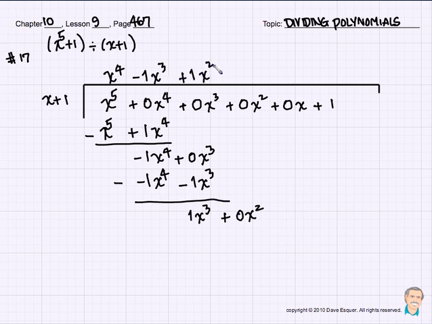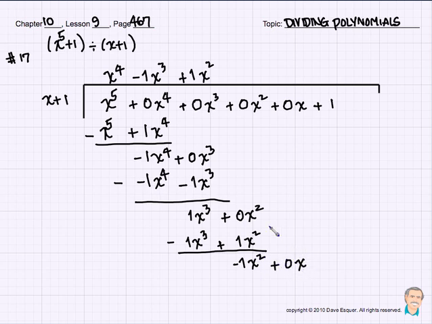Well, we better multiply it times 1x squared. So 1x squared times x is 1x cubed. Hope I have enough room. 1x squared times 1 is plus 1x squared. And again, we subtract, and we end up with a negative 1x squared.